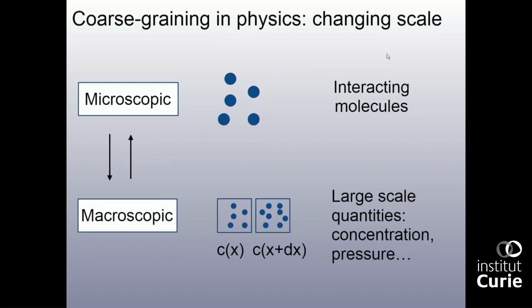Okay, let me start with a very broad introduction, something that physicists are very familiar with: in a physical system, one can describe a physical situation at different scales. One can think about a given physical system at the microscopic scale and think about the interacting molecules, and usually there are many of them.